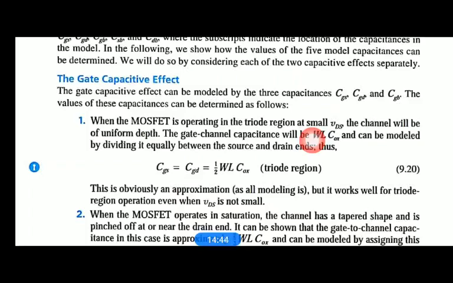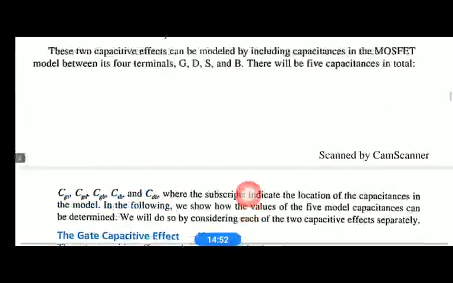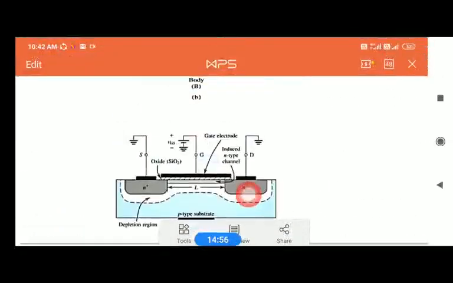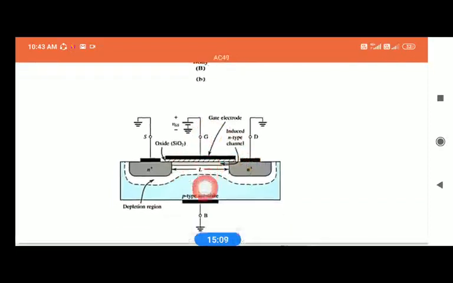Thus CGS equals CGD equals half of W L COX. What is it telling? When you apply a small VDS, drain to source, and usually when you apply a positive VGS at the gate, what happens? The channel will form here.